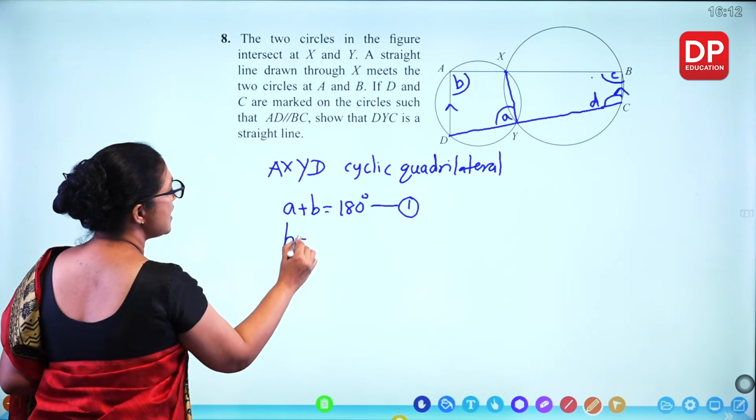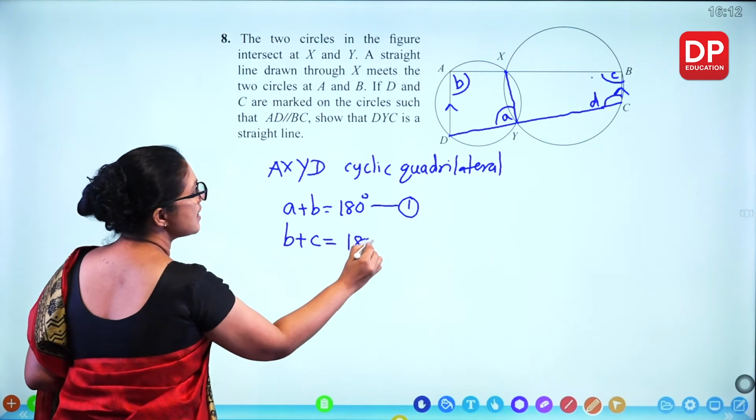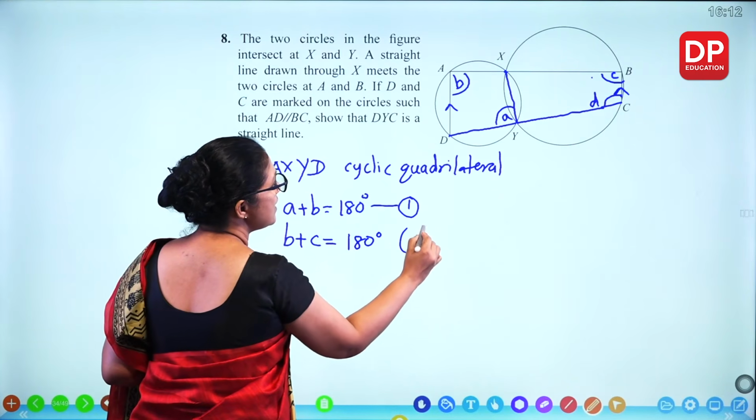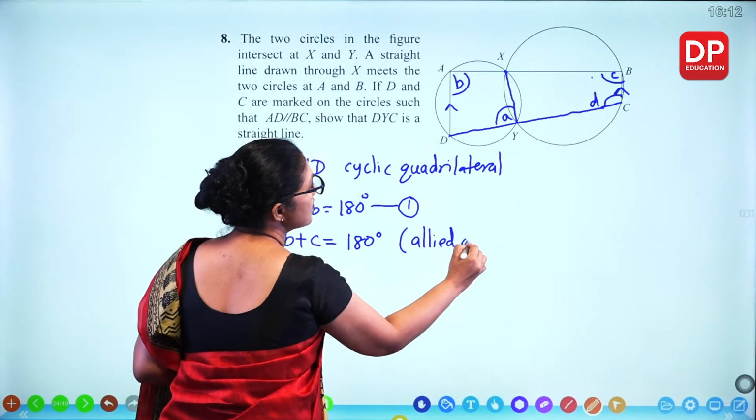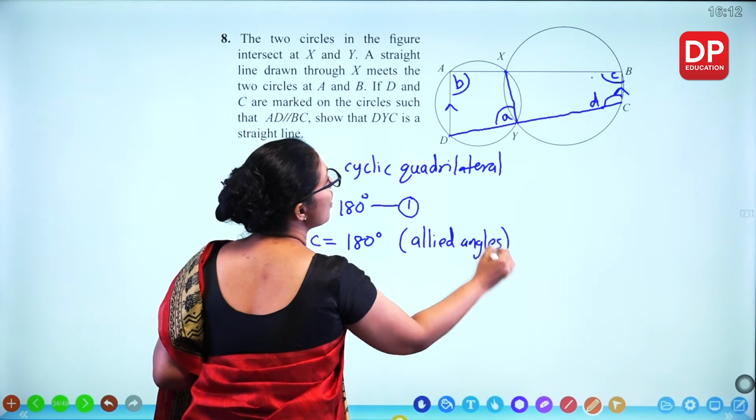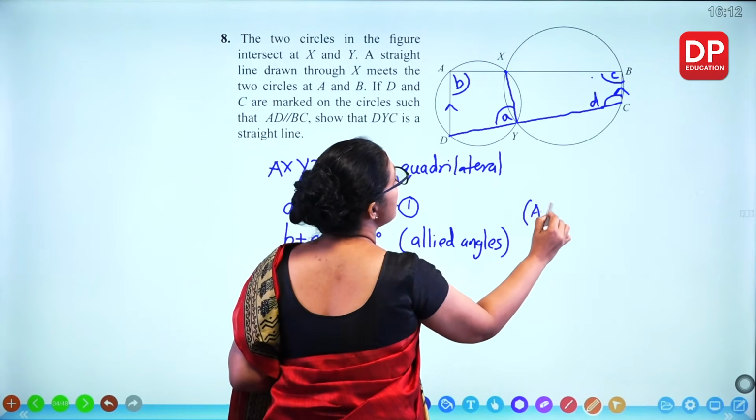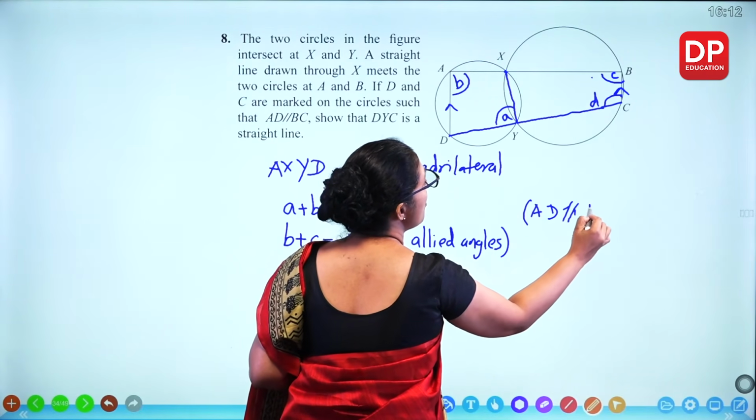B plus C is 180, allied angles, because AD is parallel to BC.